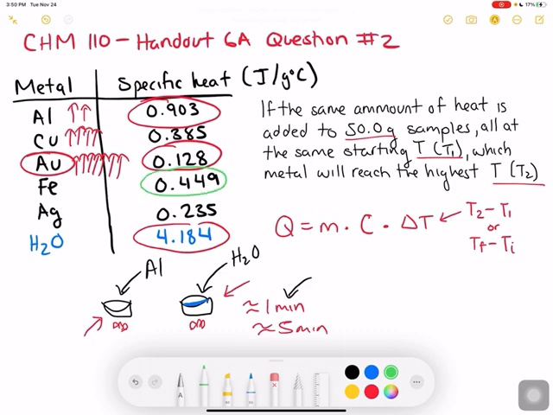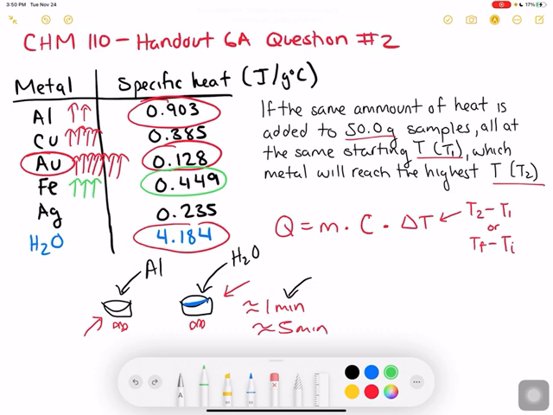Okay, now for iron, I'm just gonna switch to green over here, right? So that specific heat is more or less the specific heat of copper, a little bit higher. So that means that the temperature on this iron is going to be a little bit lower than the copper, but still somewhere around the copper because they have really similar specific heat, right? And the last one, which is silver.